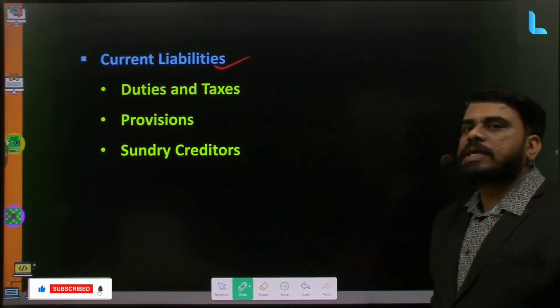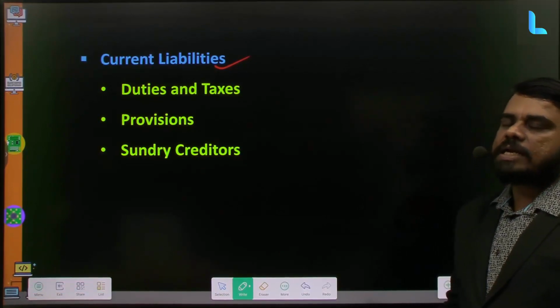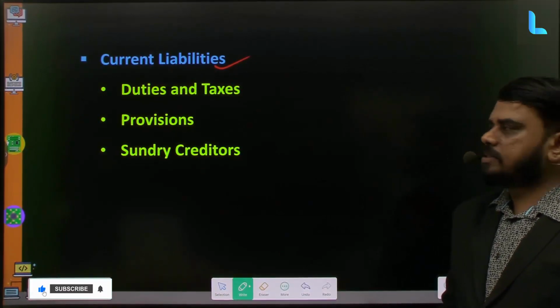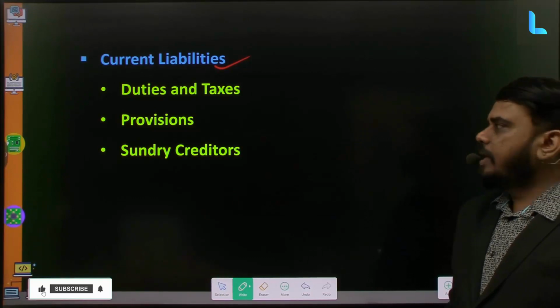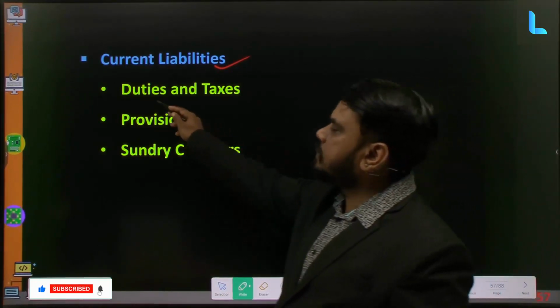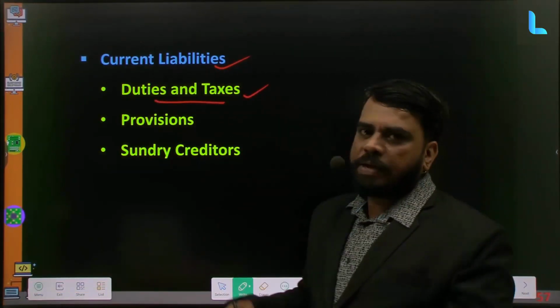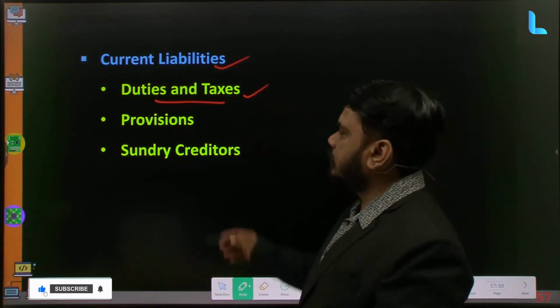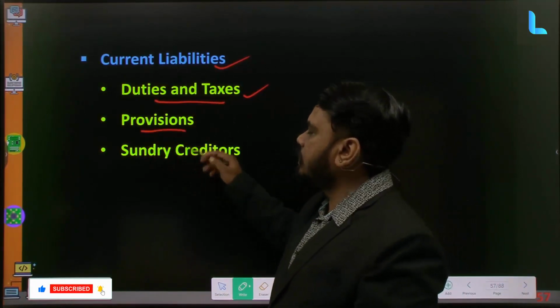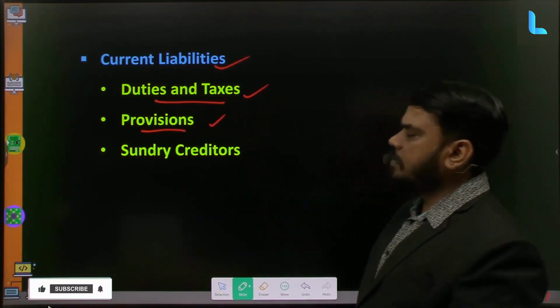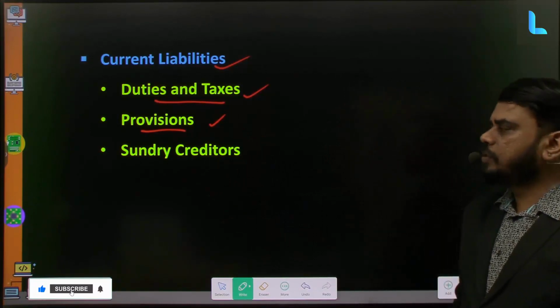Next, we are talking about current liabilities. Current liabilities means the liabilities which we are currently liable to pay to others. For example, duties and taxes, which we are supposed to pay immediately. Similarly, provisions, such as a bad debt provision or some other provision which we need to pay.